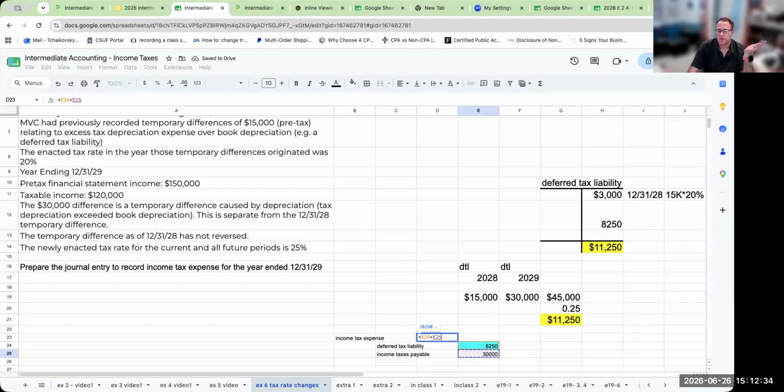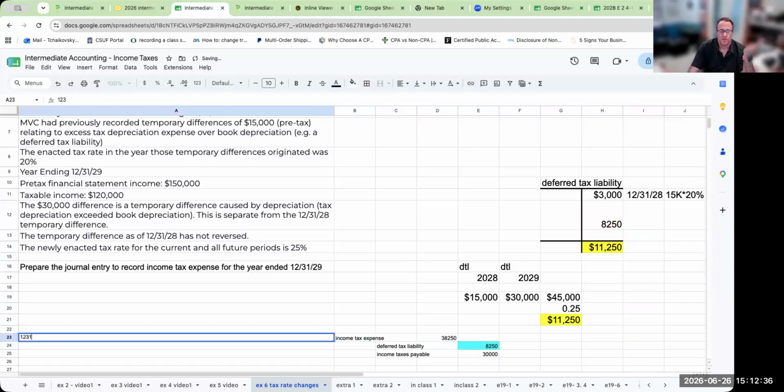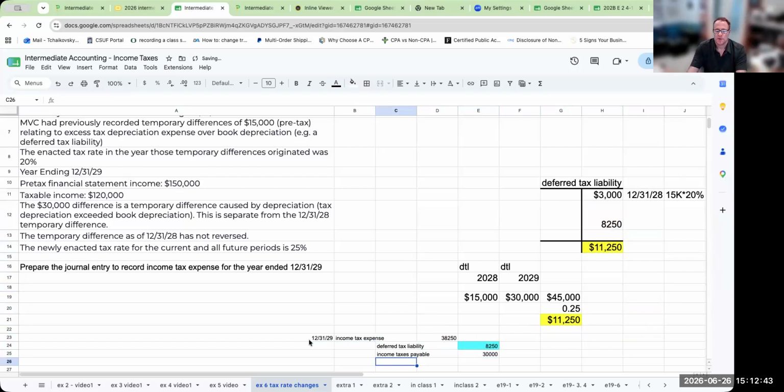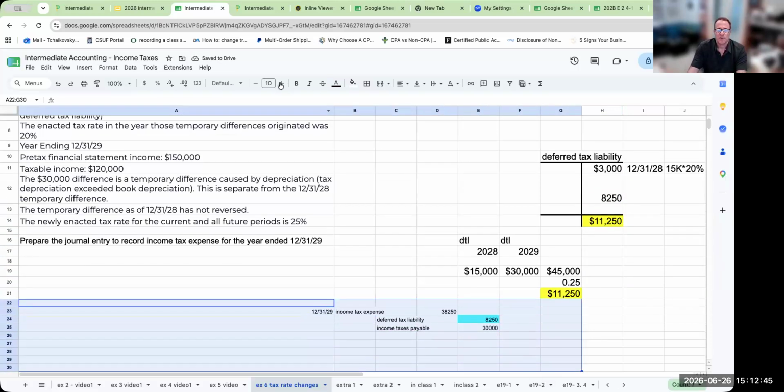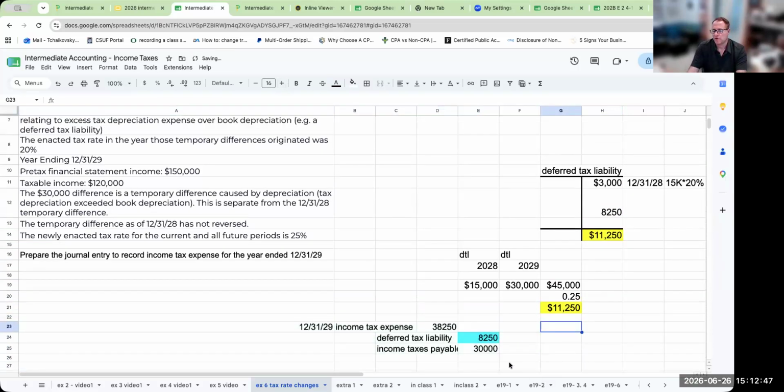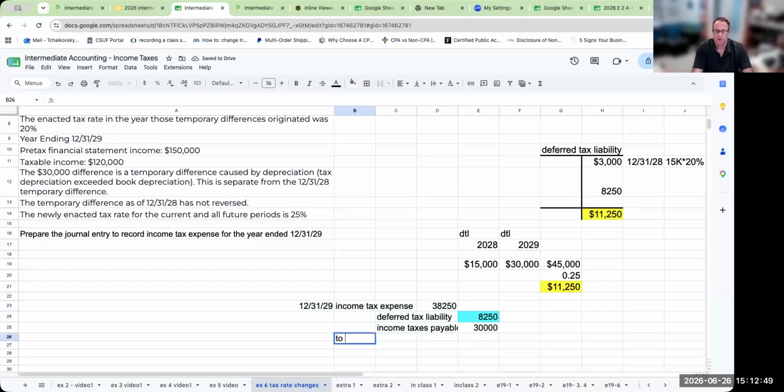So my total income tax expense for 12/31/29 is going to be right here. But if we look at this a little bit deeper, this is going to be to record income tax expense.